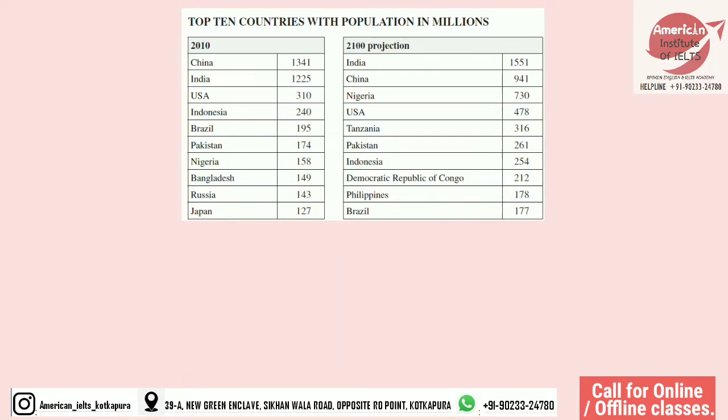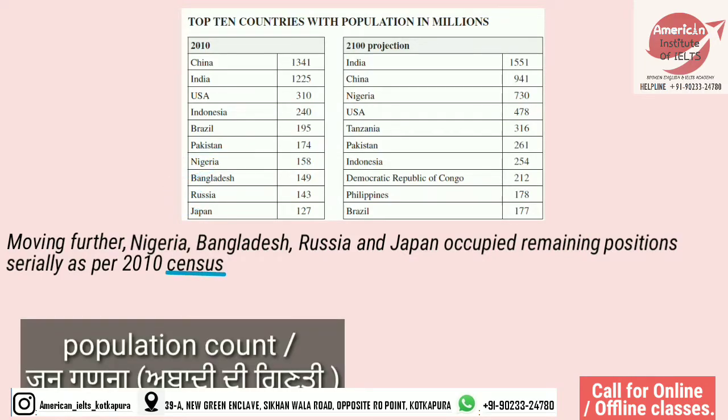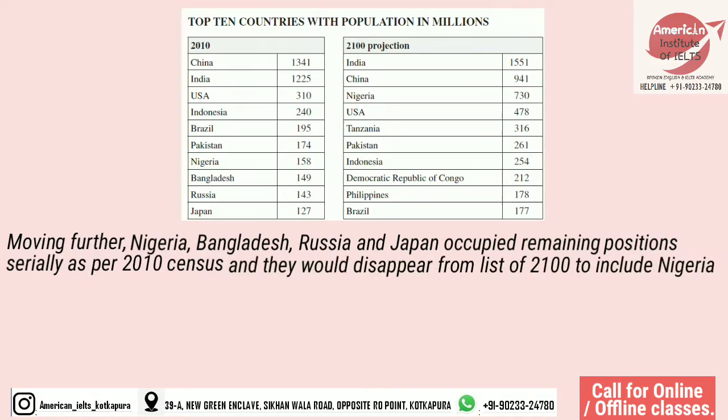Now moving further, let's have a connector. Moving further, in your first chart it is Nigeria, Bangladesh, Russia and Japan. So let's write about them. Nigeria, Bangladesh, Russia and Japan occupied the remaining positions serially as per the 2010 census. Okay, census is a new word for you. Now let's do one thing: when we are writing about new countries, let's put the population in brackets, otherwise sentences are going to be very lengthy.